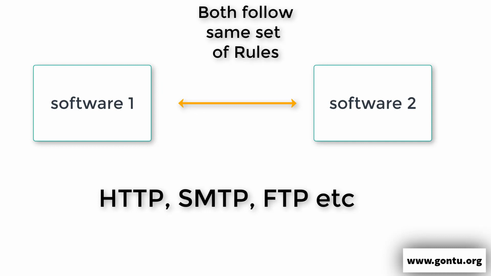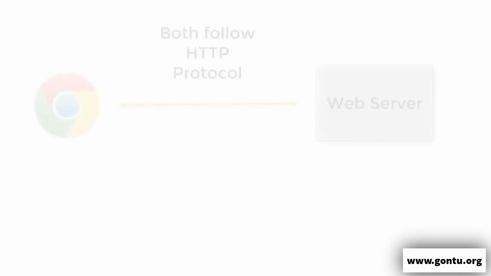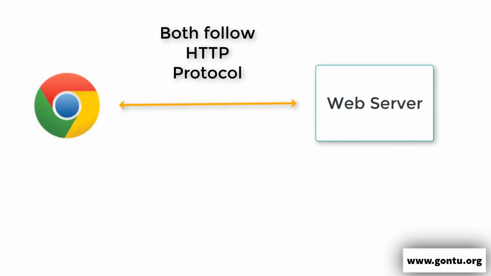The kind of software we are talking about in this series is websites and web applications. In this case, the web server program and the browser follow HTTP protocol. So both follow HTTP set of rules and regulations. And why do they follow these rules and regulations? Just to have effective communication between each other, and that's all about it.